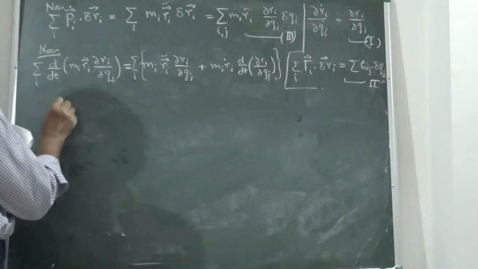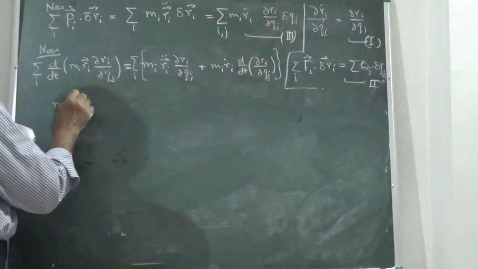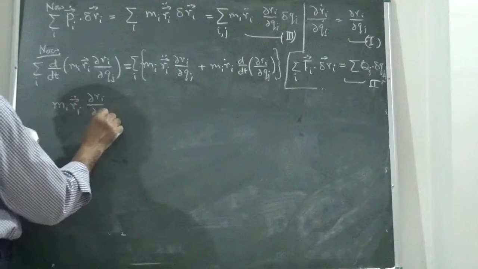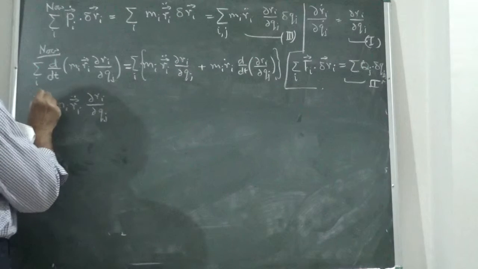Or we can write Mi Ri double dot delta Ri by delta Qj, summation over i.